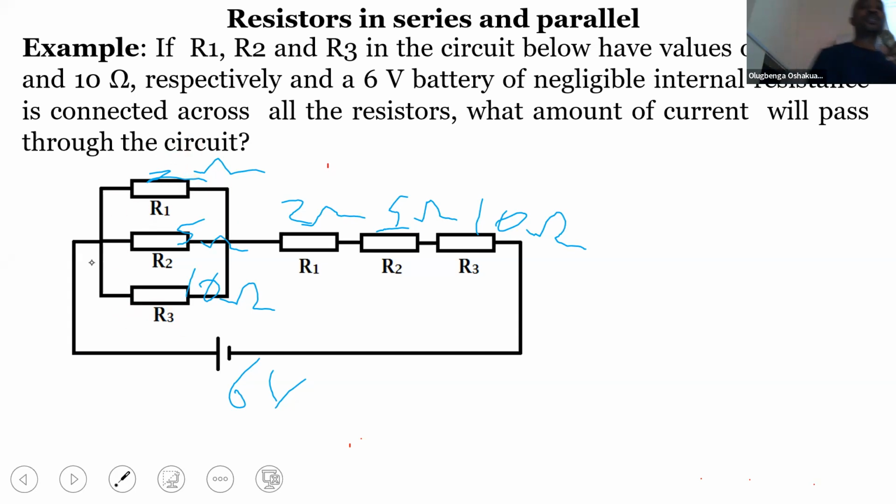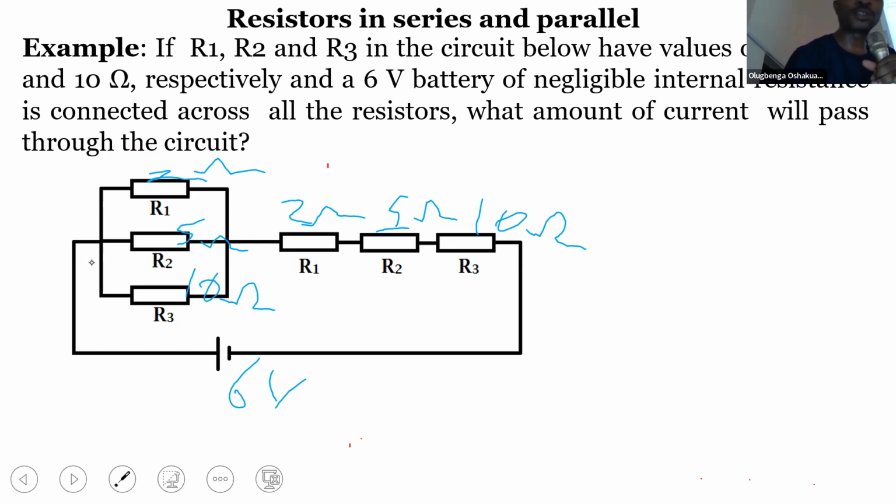Then I will have a new circuit that contains 4 resistors: the first resistor being the combination of R1, R2, and R3 in parallel, all being in series with R1, R2, and R3.